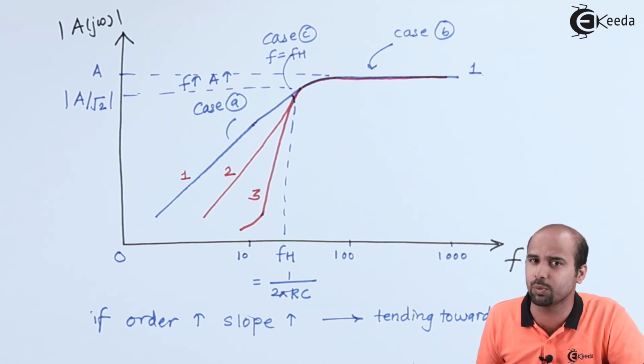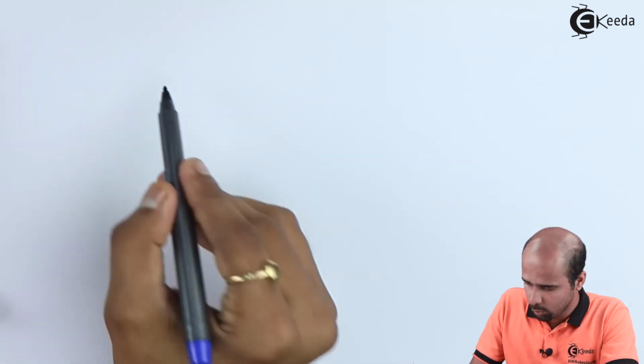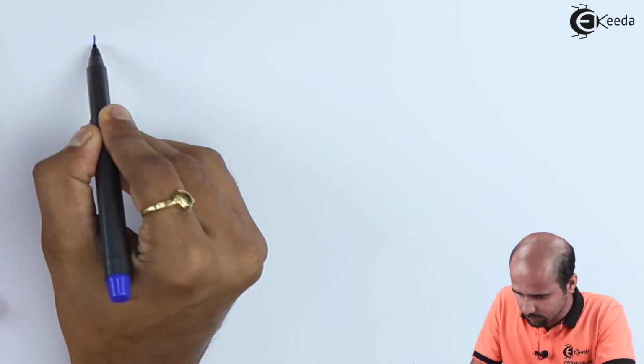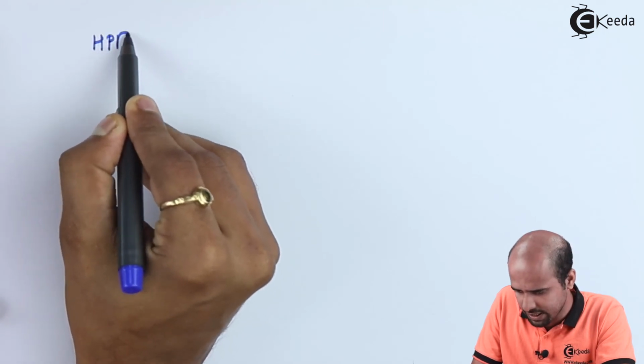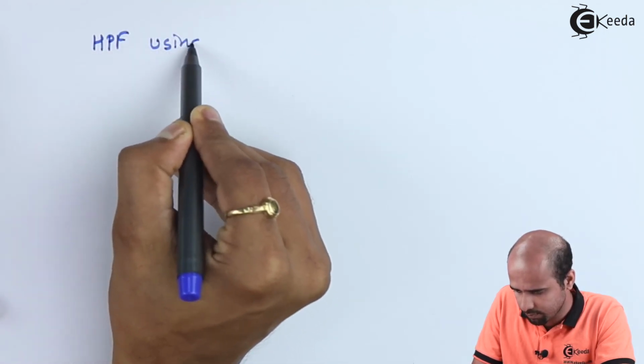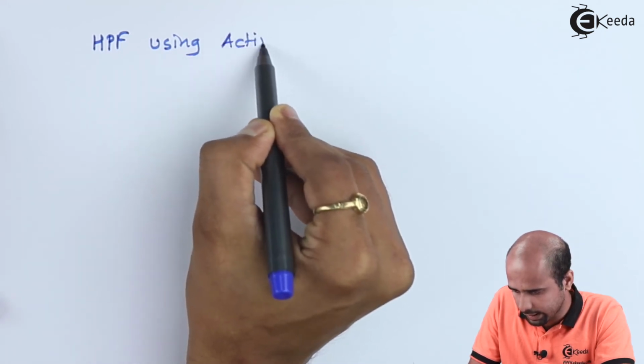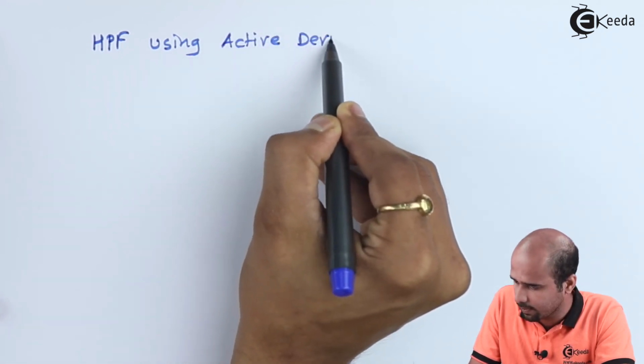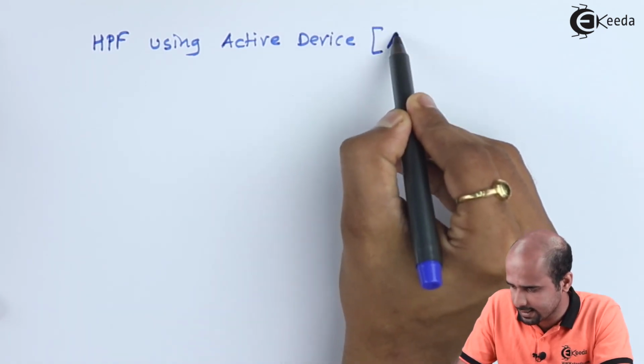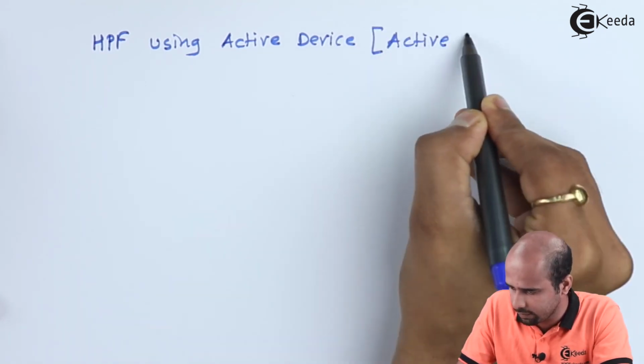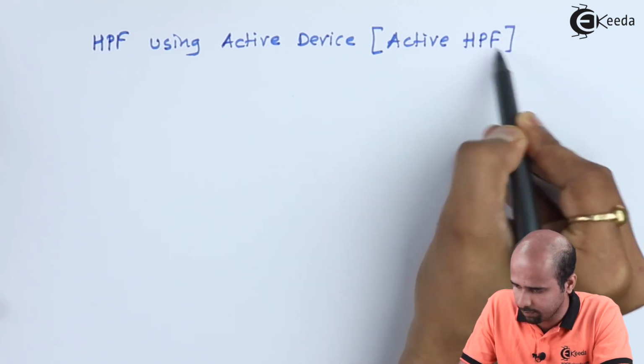Now what is the difference with the active circuit high pass filter? Nothing is different. Once we are thorough with the passive circuit high pass filter, we can easily draw the active circuit high pass filter using an operational amplifier. We will give the heading high pass filter using active device, and that will be treated as active high pass filter.